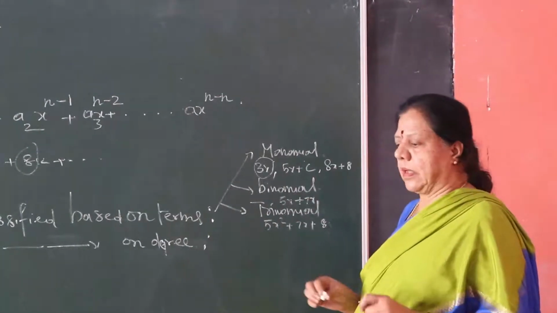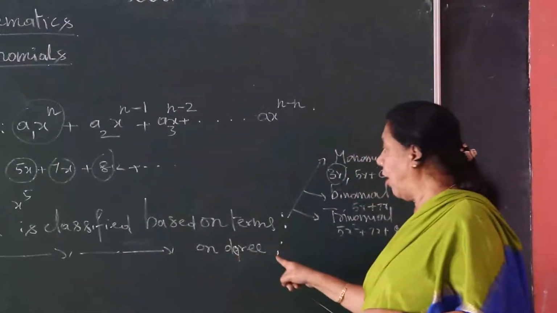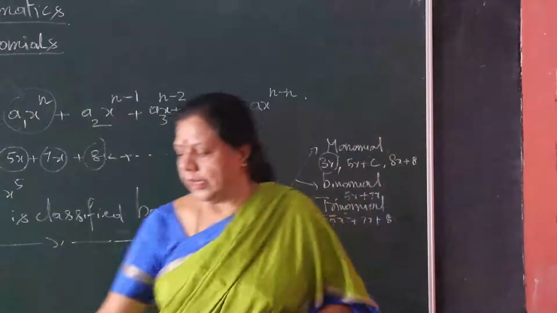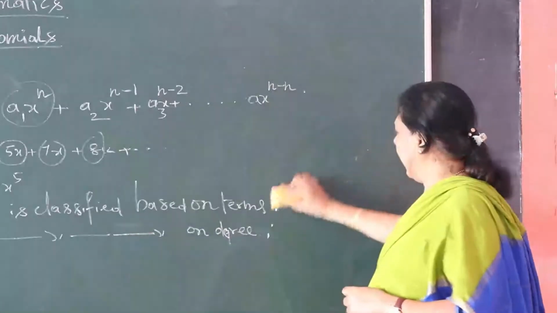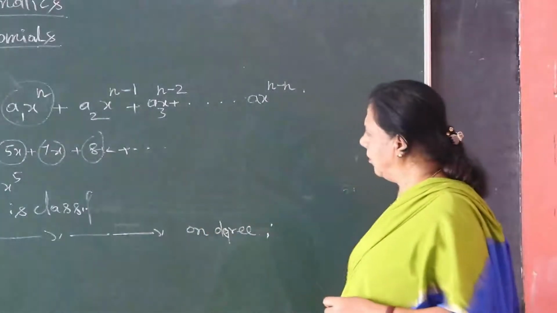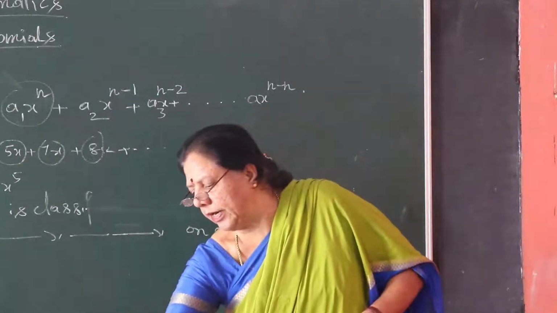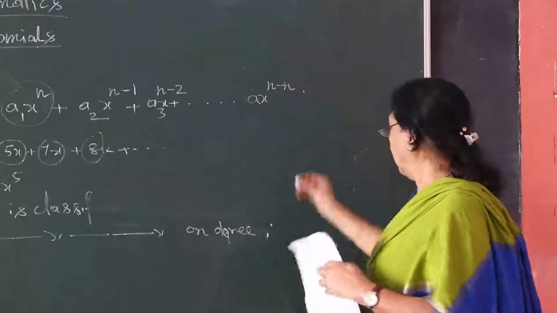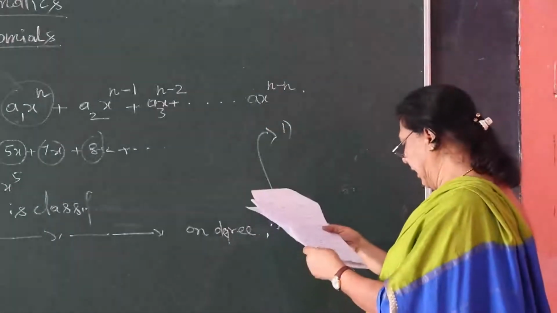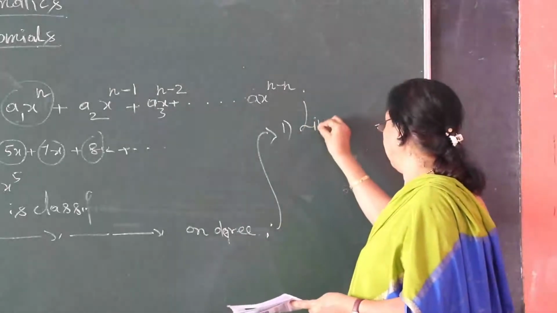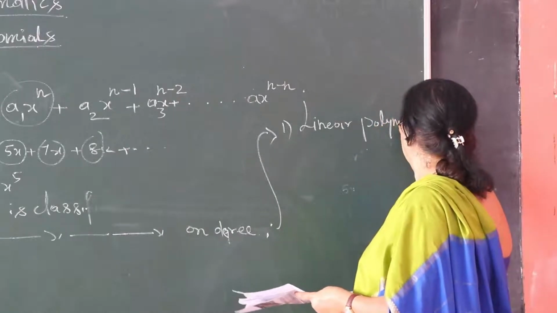Okay. Now let us pass on to polynomial classified based on degree. Based on degree, children, how it will be? Terms is over. Now let us pass on to degree. The first one, it is given in your textbook. What is first one? Linear polynomial. Linear equation you already learned, children.